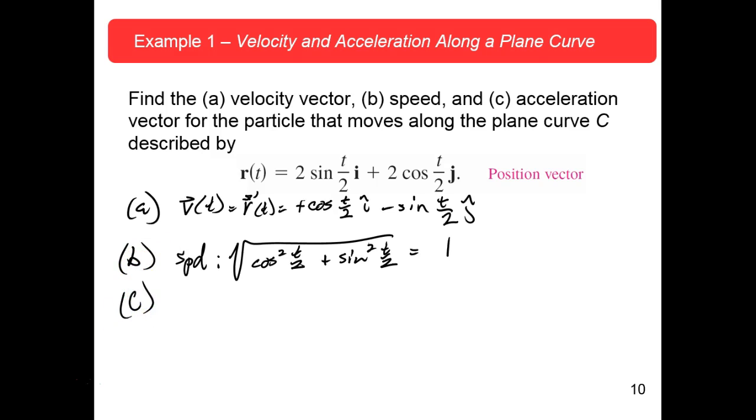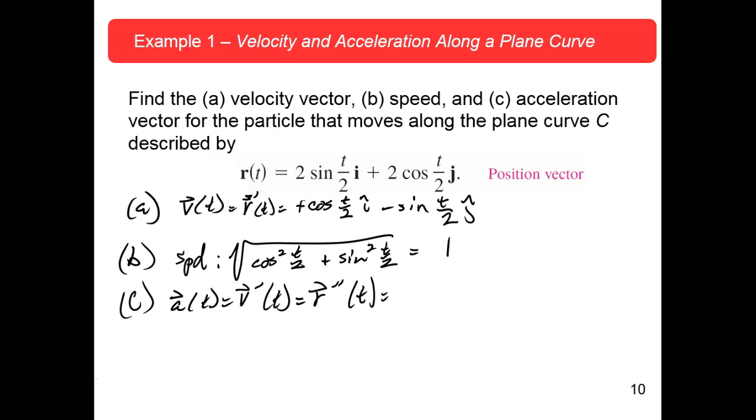C. Find the acceleration vector for the particle that moves along the plane curve described by that. So what's the acceleration vector? It's the first derivative of the velocity vector, which is the second derivative of the displacement vector. So go back to A and take the derivative.